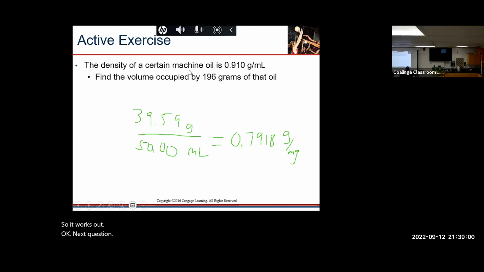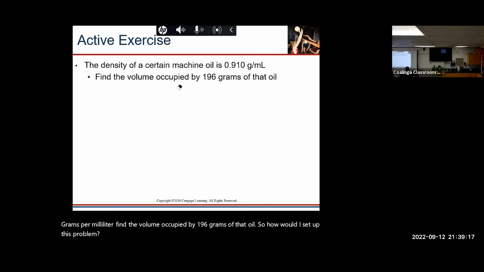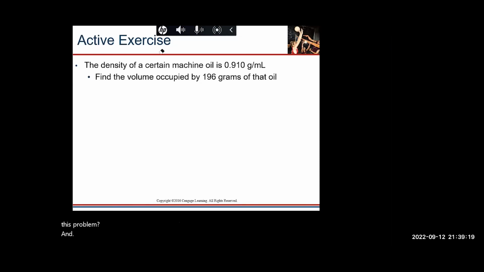So the density of a certain machine oil is 0.910 grams per milliliter. Find the volume occupied by 196 grams of that oil. So how would I set up this problem? So 0.910 grams is equivalent to 1 milliliter?